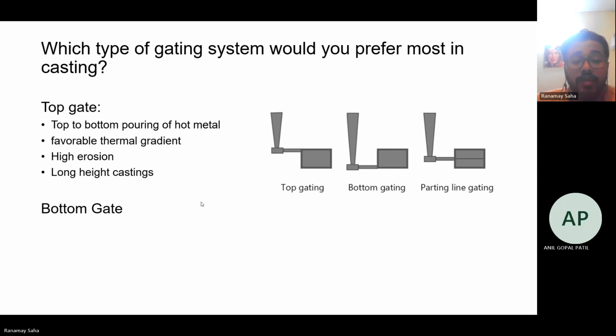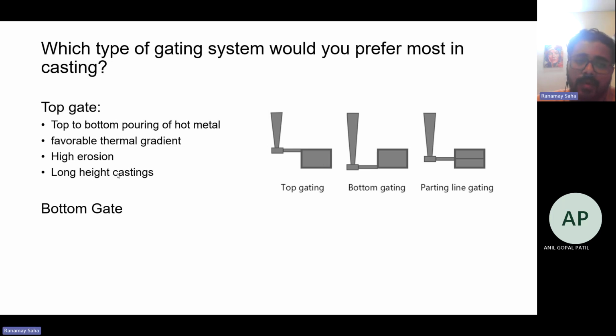Now, what is the problem? The problem is erosion because the speed is more. The high rate of flow goes on eroding the wall materials. The eroded materials are also included within the casting, and this creates defects in the solidified part later on.